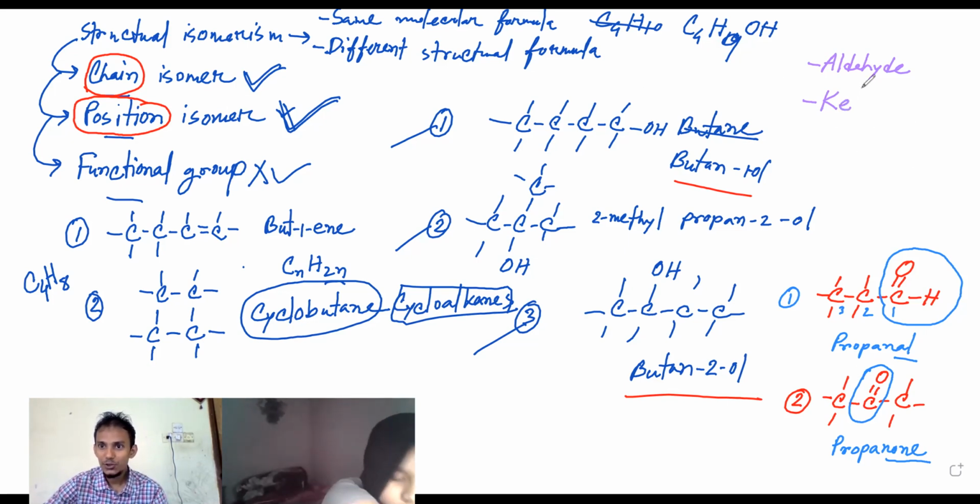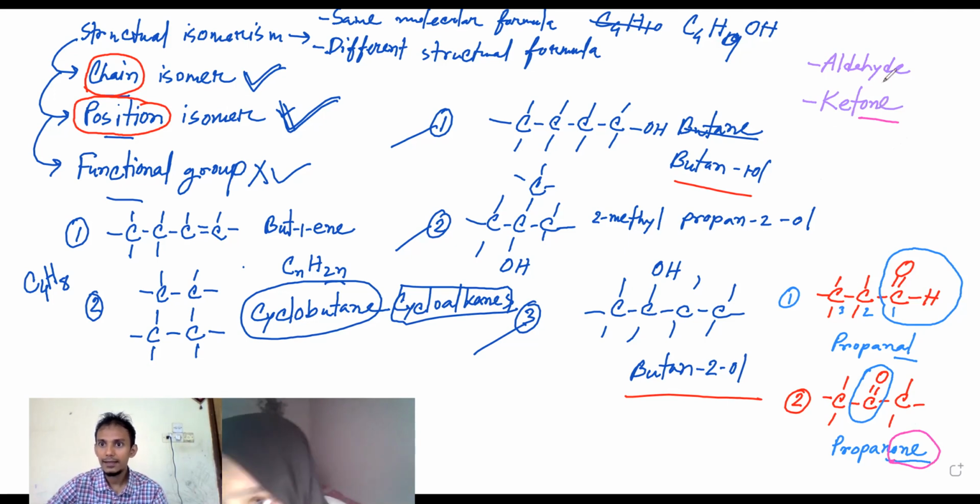And this one is ketone. So this O-N-E at the end stands for ketone, and this "al" at the front is aldehyde.